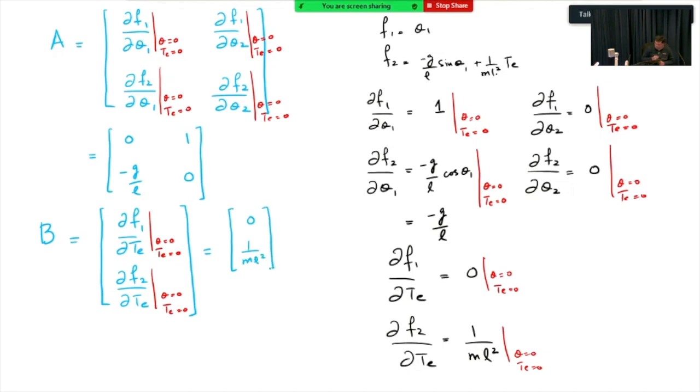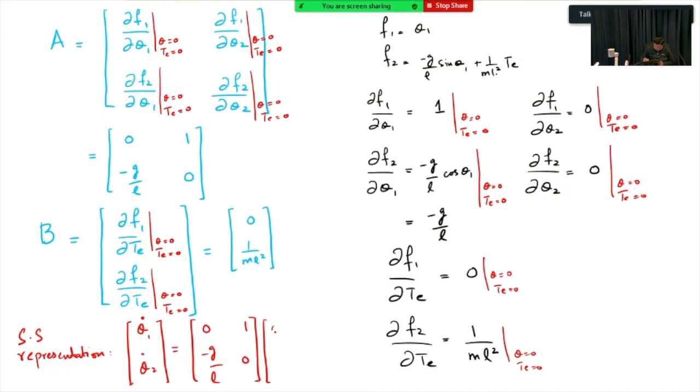Right? So if you notice, we have ended up in a state space representation which is exactly equal to the approximation that we were thinking of previously. So there's theta 1 dot, theta 2 dot, and we have a 0, 1, minus g over L, right, plus a 0, 1 over ml squared Te.